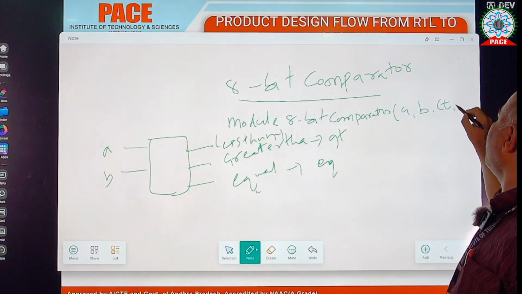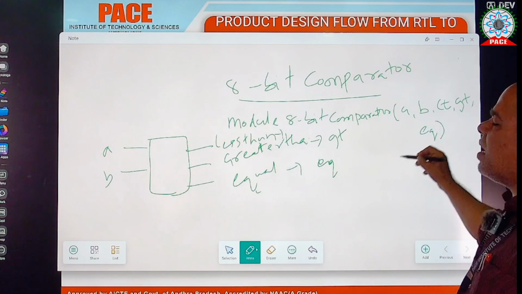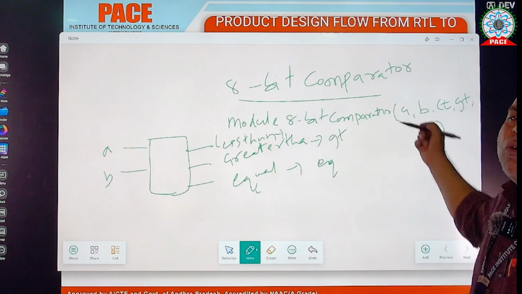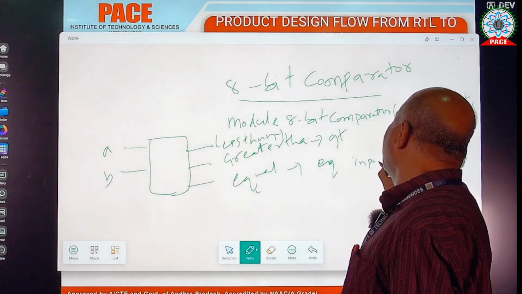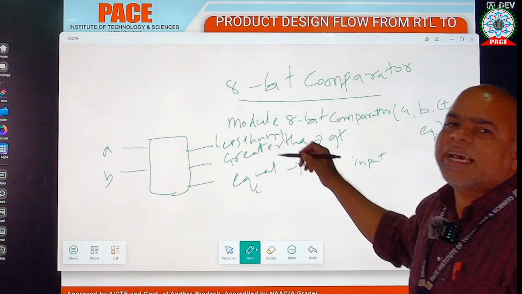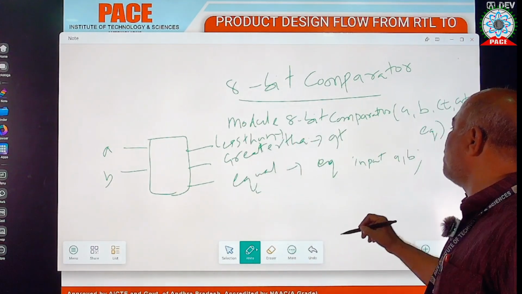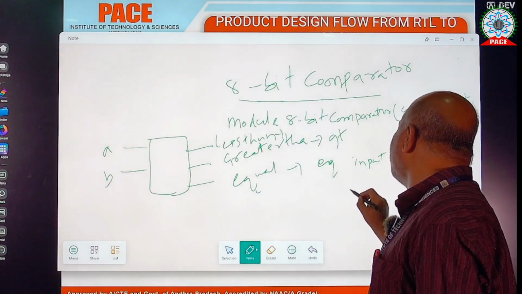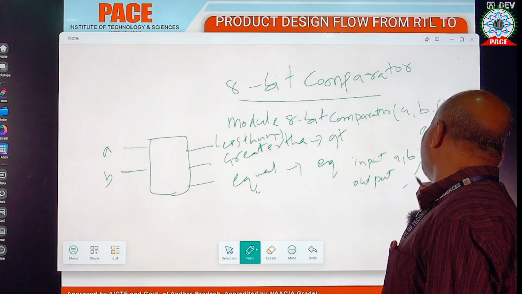What are the ports? Input port and output port declaration. Now we write what the inputs and outputs are. A comma B is the input. The outputs are LT comma GT comma equal, ending with a semicolon.